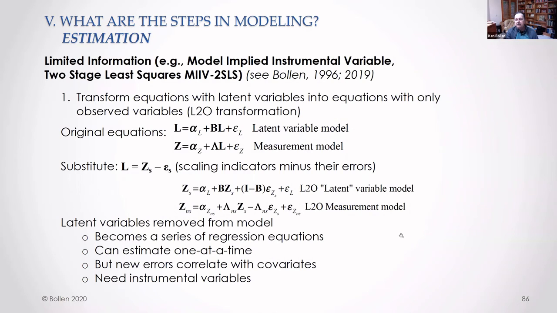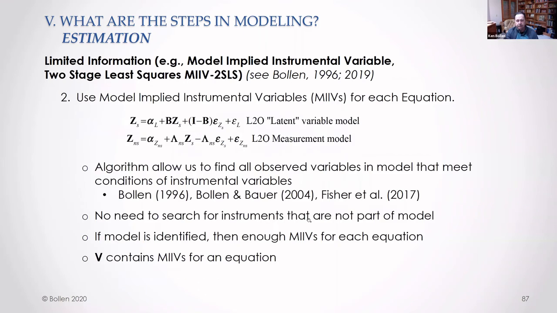The main difficulty that arises from this transformation is we now have a more complex error term that will correlate with some of the right-hand side variables. And to take care of that, we use instrumental variables.